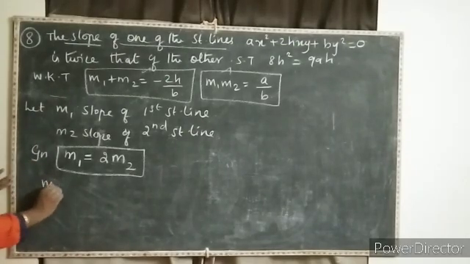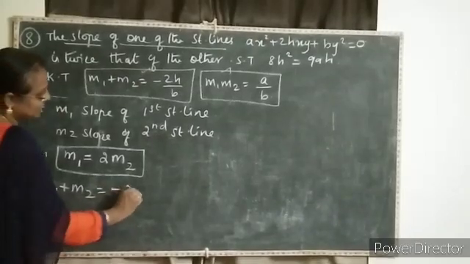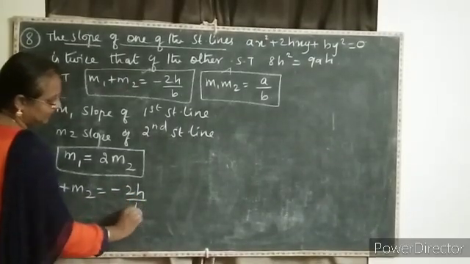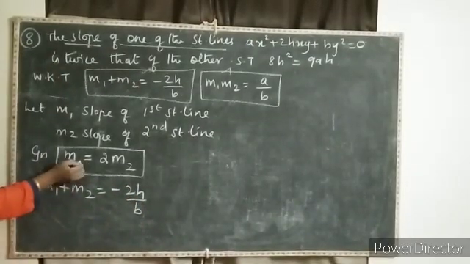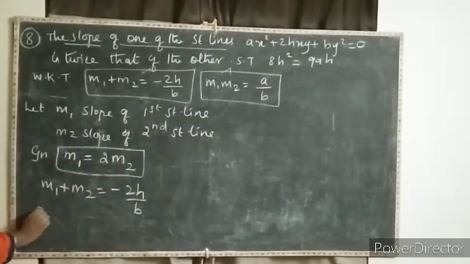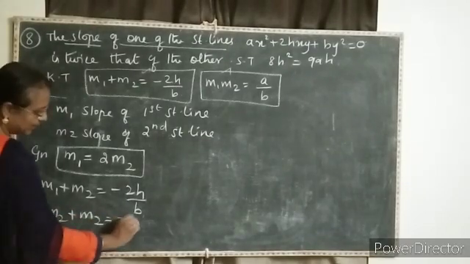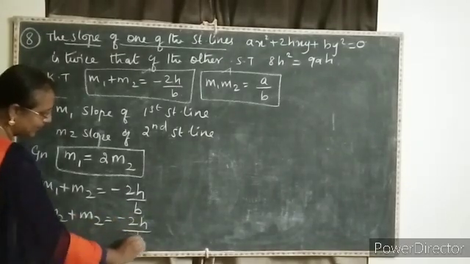Now we know that m1 plus m2 is equal to minus 2h divided by b, isn't it? Now instead of m1 I am going to use 2m2. So this becomes 2m2 plus m2 is equal to minus 2h divided by b.